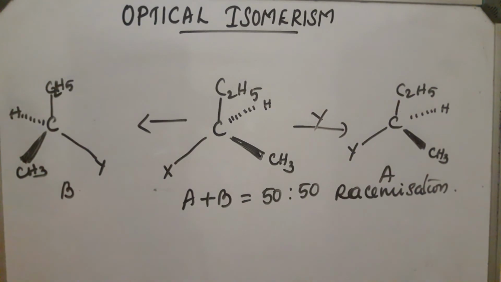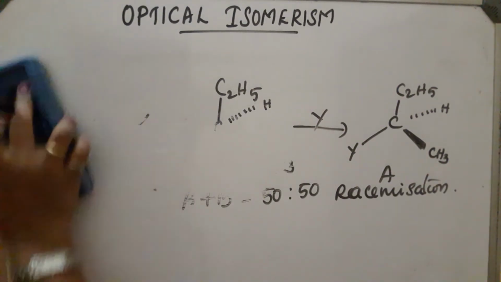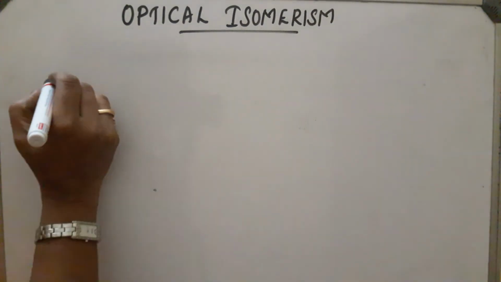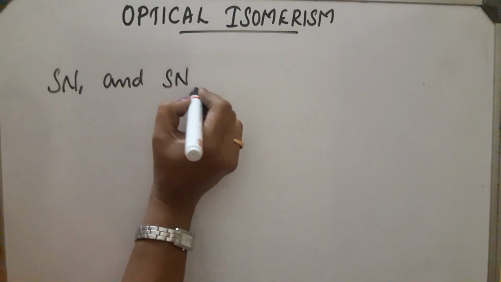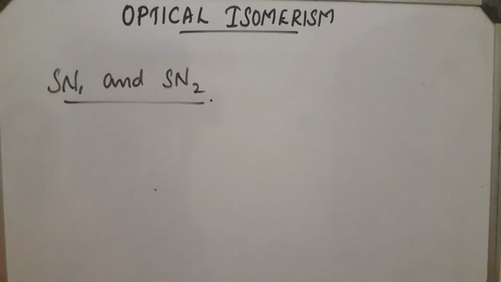Now there is this stereochemical effect in SN1 and SN2 reactions. In the case of an SN1 reaction, a unimolecular reaction, we know that it takes place through the intermediate formation of a carbocation.